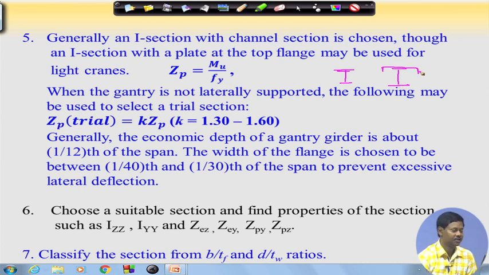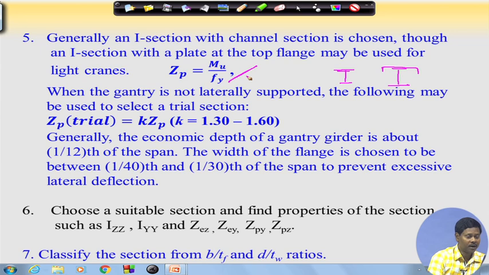However, generally for gantry girder design we provide an I section and another channel section at the top, and the required plastic section modulus we can find out from this formula, that is ZP is equal to Mu by Fy. Mu is the maximum factored bending moment due to vertical load, right. So, this is how I can find out the plastic section modulus, right.